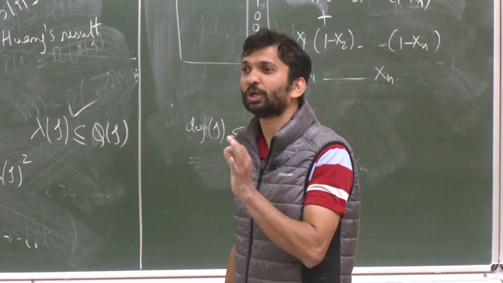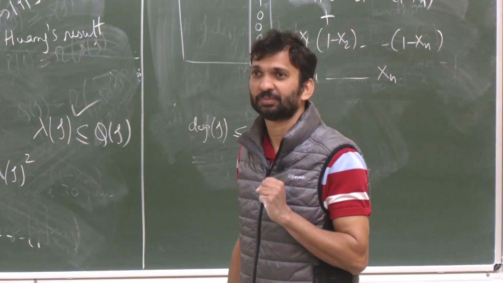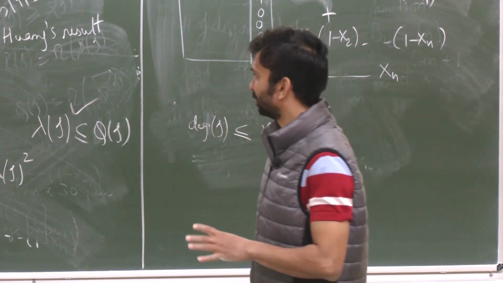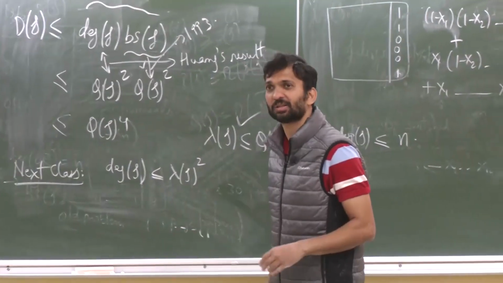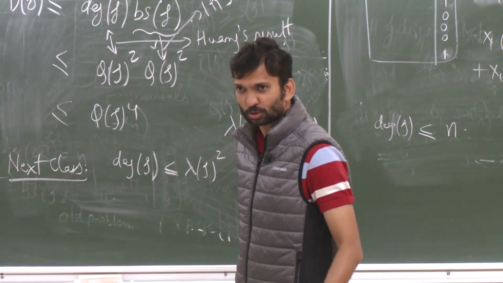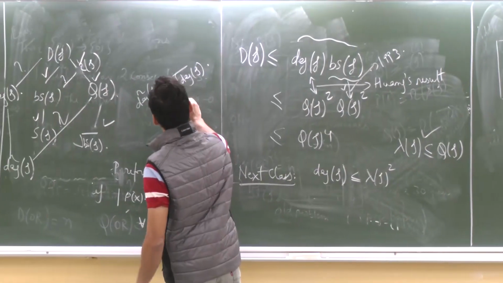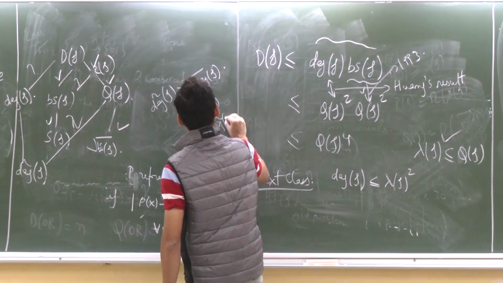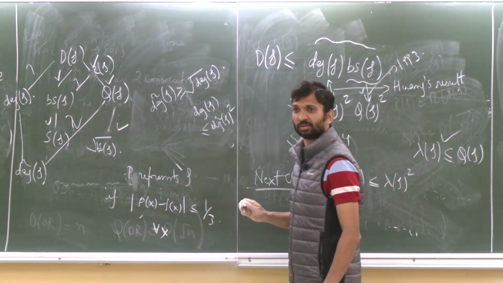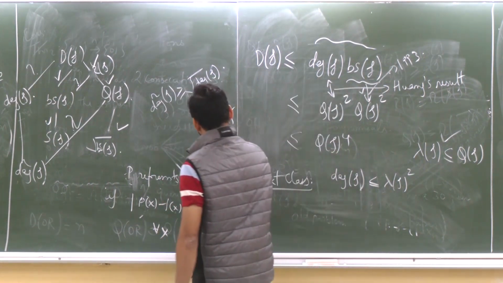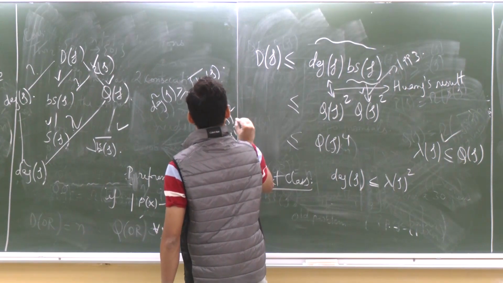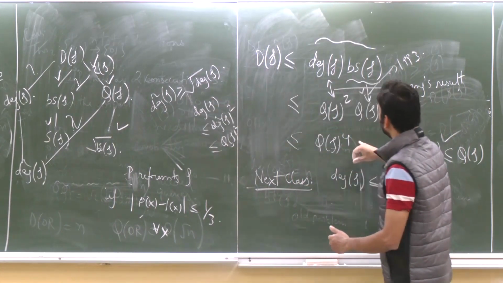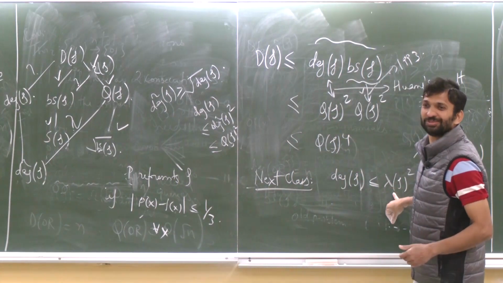If you are interested, you can go and read those proofs. Unfortunately, I don't have time, but all those proofs are there. Using that also, you can get that degree of f is bounded by approximate degree f square, then QF. But this proof itself uses this proof.